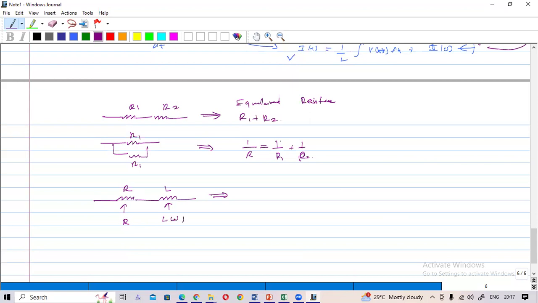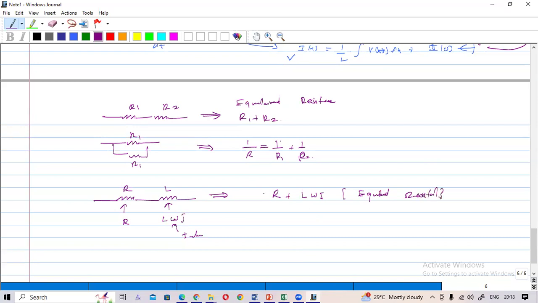L omega J. This is the reactance, the inductive reactance. Then what is the total equivalent resistance? R plus L omega J. Yes, R plus L omega J. This is the equivalent resistance, or total resistance.